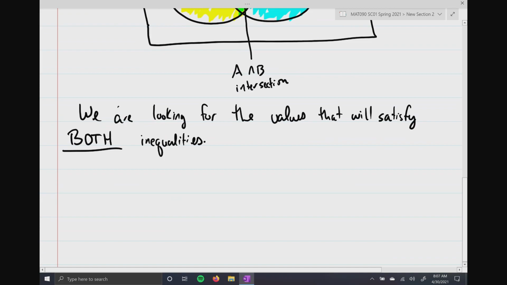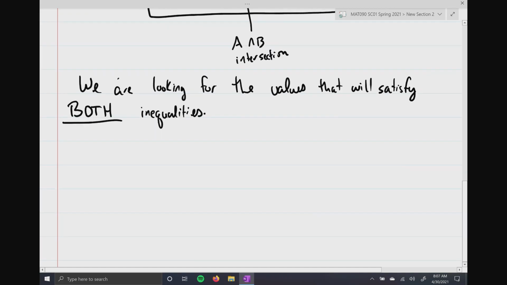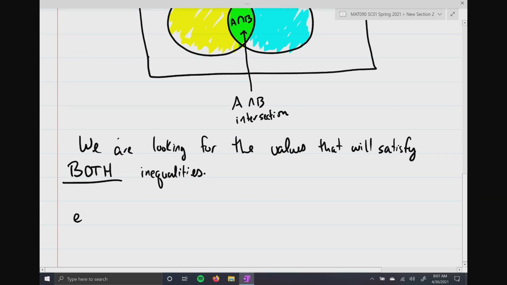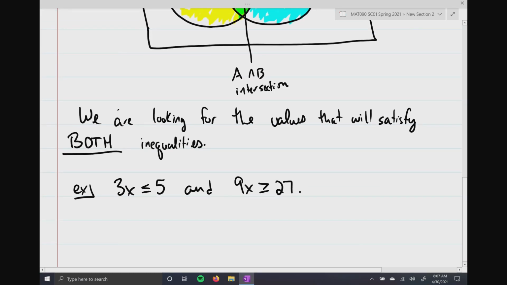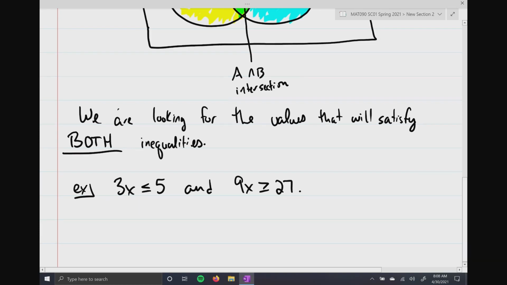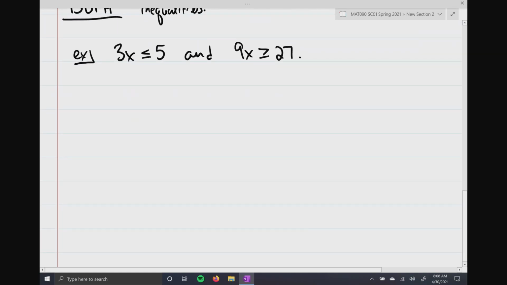So let's look at a pretty simple example here. We're going to solve 3x is less than or equal to 5 and 9x is greater than or equal to 27. Okay? So the way that we approach this is actually very simple.